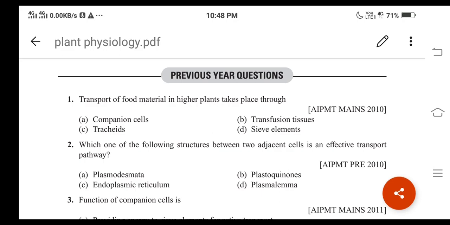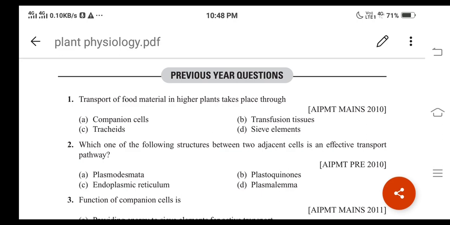Then let us go for the second question. Which one of the following structures between two adjacent cells is an effective transport pathway? The options are: plasmodesmata, plastoquinones, endoplasmic reticulum, and plasma lemma or plasma membrane.